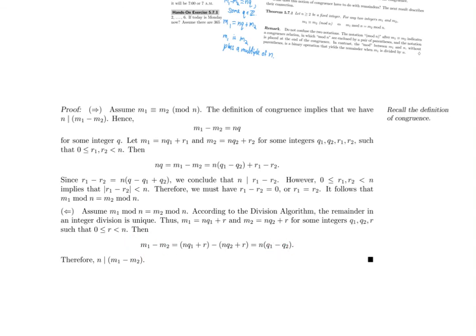That's exactly what it means to say n divides M1 minus M2. And that's exactly what it means to say M1 is congruent to M2 mod n. So by definition, M1 is congruent to M2 mod n.